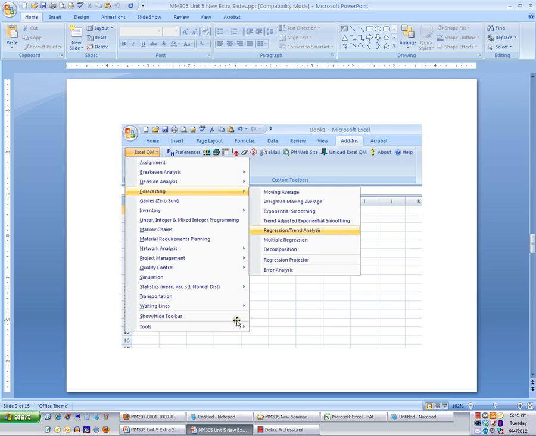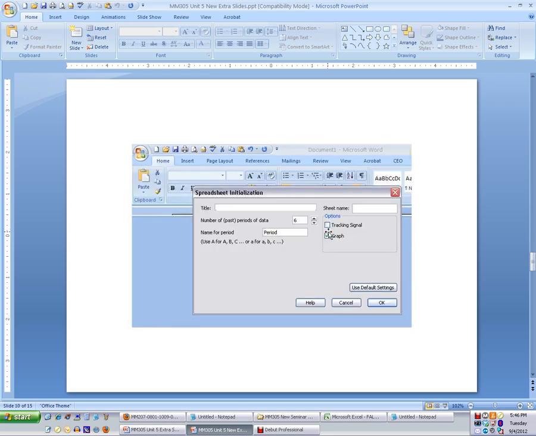Now, another technique for forecasting that you're going to find under Excel QM is regression trend analysis. This is where you plot your data points, try to fit a line through them, and use that line as our forecasting tool. For this particular technique, you only need to specify the number of periods of data you have, and once again, for our example, it's 6 periods.